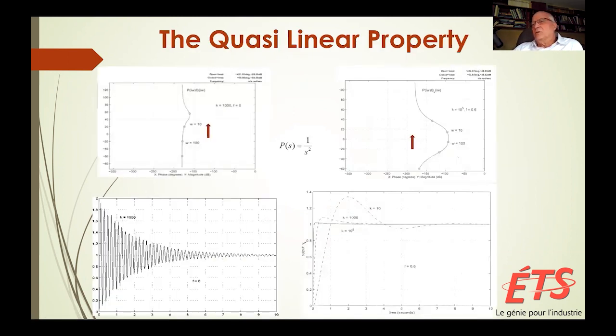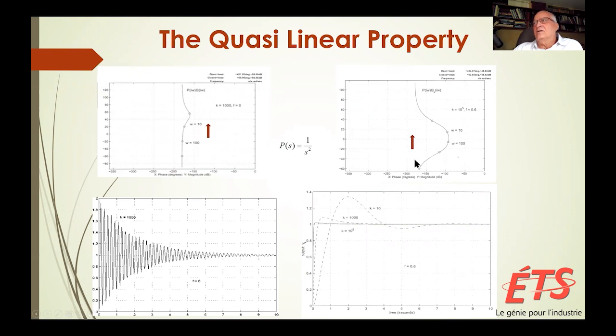What is this quasilinear property? Normally, I'm showing this in a Nichols plane. When you increase the gain, obviously the Nichols graph goes up, and then it gets closer to the instability critical point. That means 0 dB, 180 degrees, and then the system starts to oscillate and then blow up eventually. The whole idea is by making this pole and gain dependent.